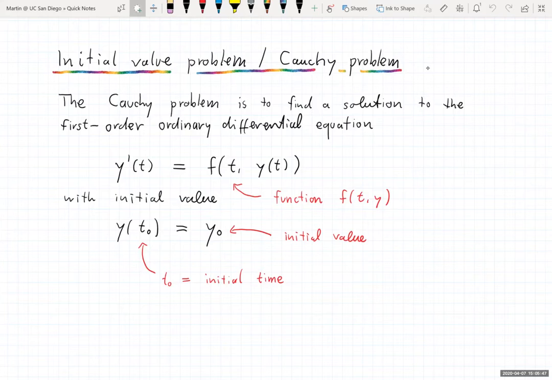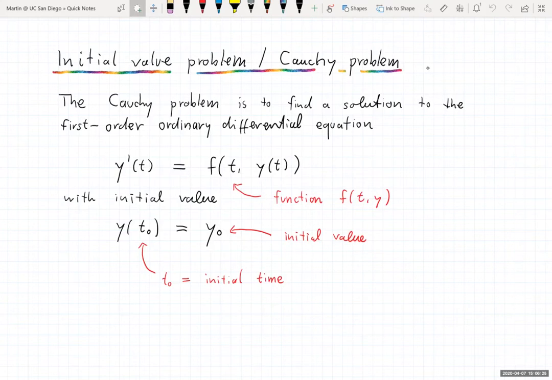And we have got initial conditions y at t0 is equal to y0. We would like to know whether that initial value problem has a solution only by looking at t0 and y0, the initial condition, and of course the right-hand side of the differential equation.